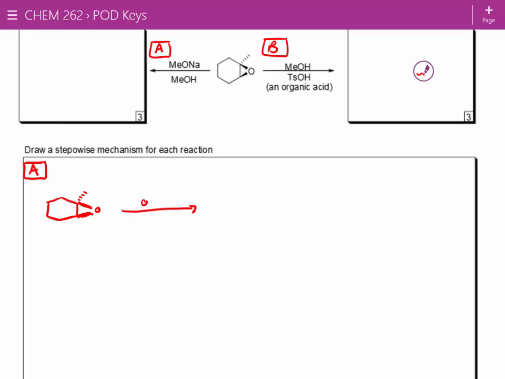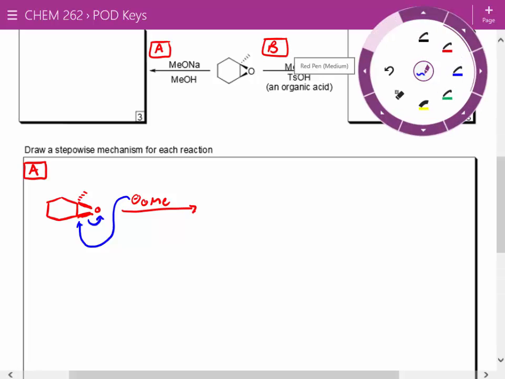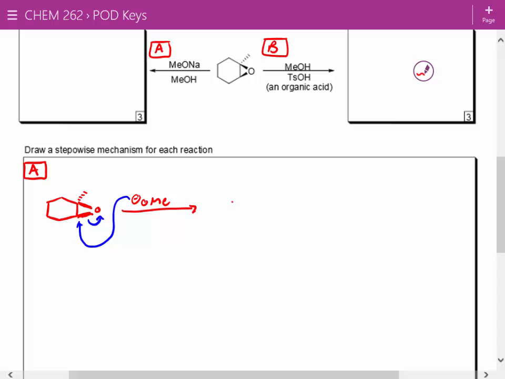So we've got our sodium methoxide, which has a negative charge. And this sodium methoxide, will it attack the more substituted or less substituted carbon? Less substituted. Why will it attack the less substituted carbon? Because of sterics, right? So this is very similar to an SN2 reaction where we want to attack the less hindered carbon because the electrophile is more exposed.